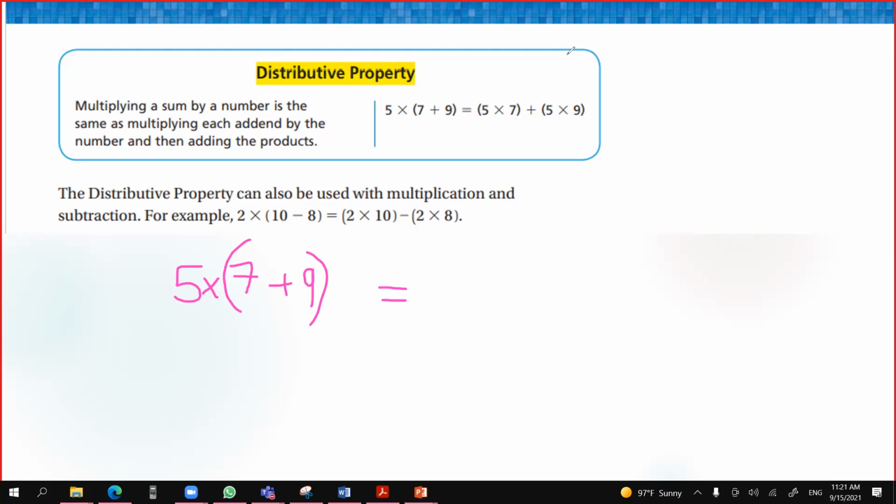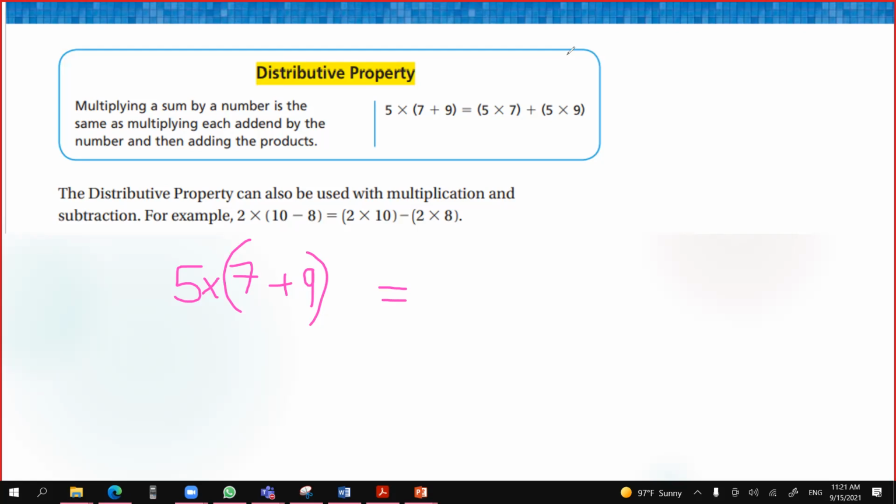All of us know that with the order of operations, first you solve the numbers inside the parentheses, then you continue outside the parentheses or brackets. So here you have 7 and 9. 7 plus 9 is 16.